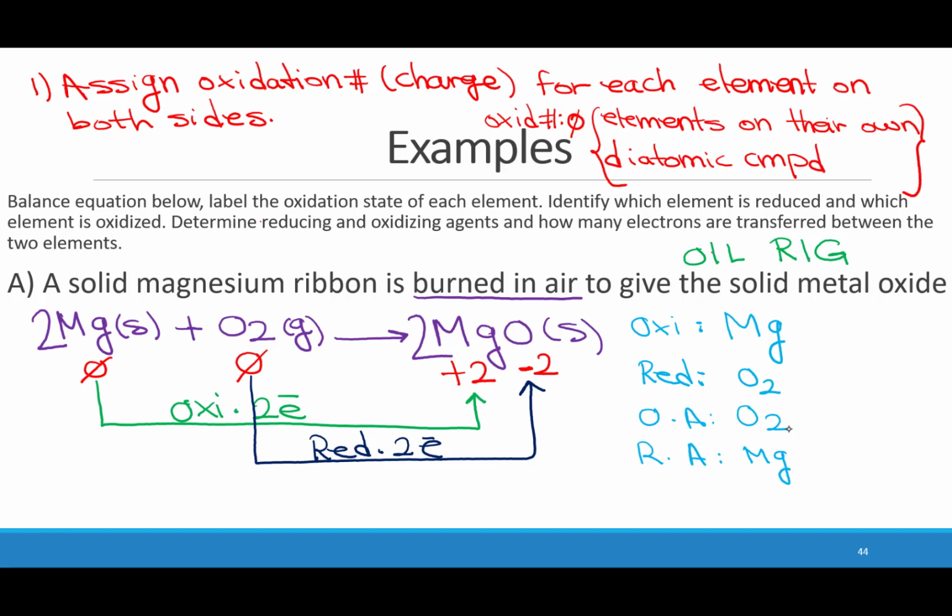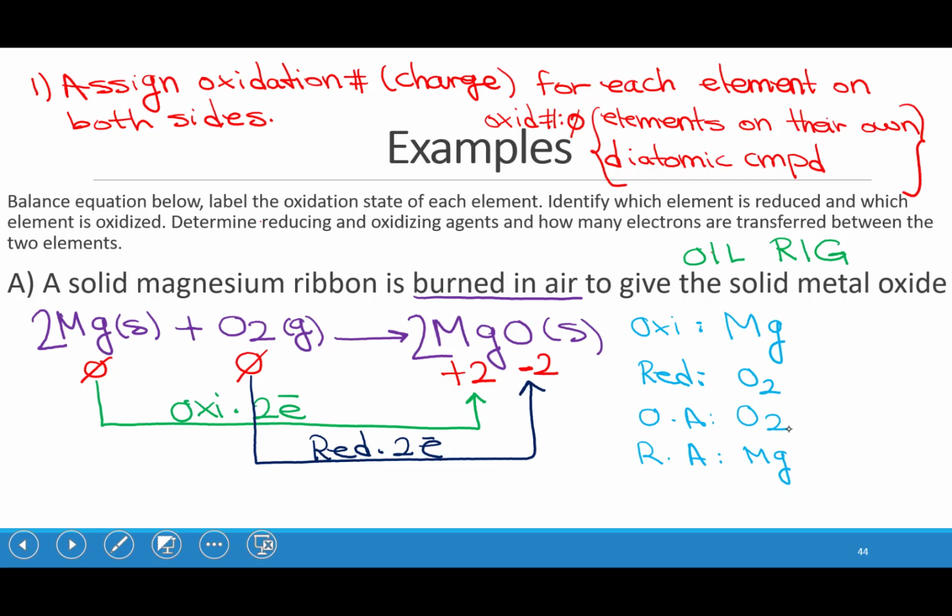It's becoming more negative, it's gaining electrons. Gaining electrons is reduction. By how many? 2. Then magnesium is being oxidized, oxygen is being reduced. That reactant that is oxidized becomes a reducing agent, and that reactant that's reduced becomes an oxidizing agent.